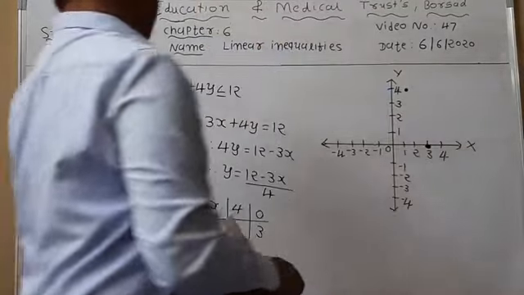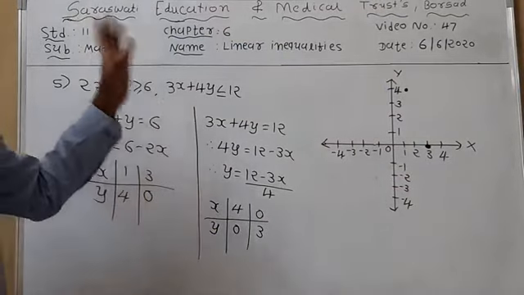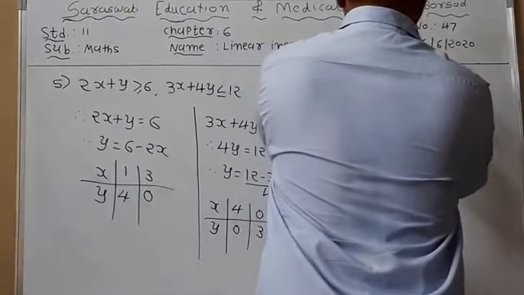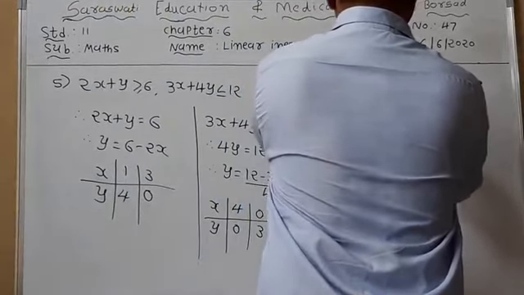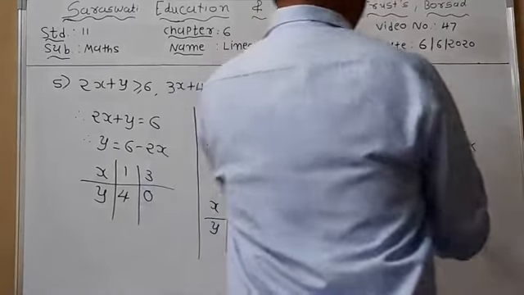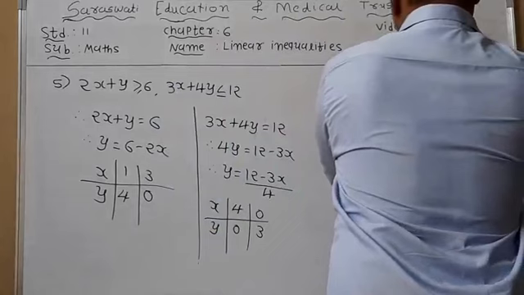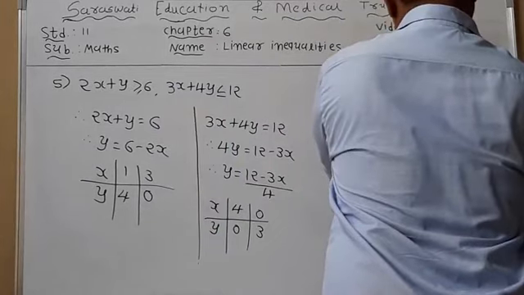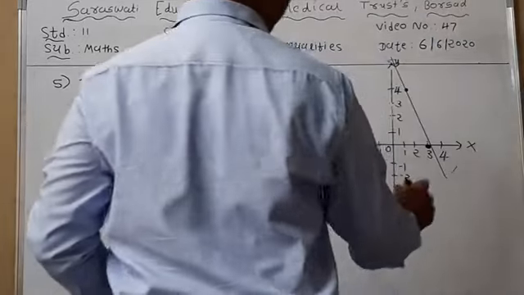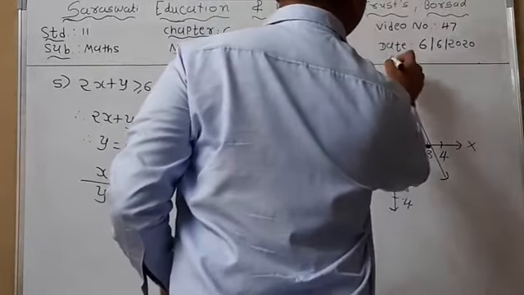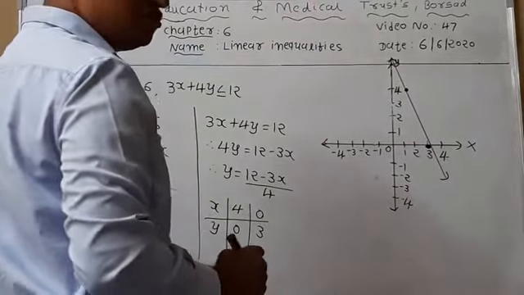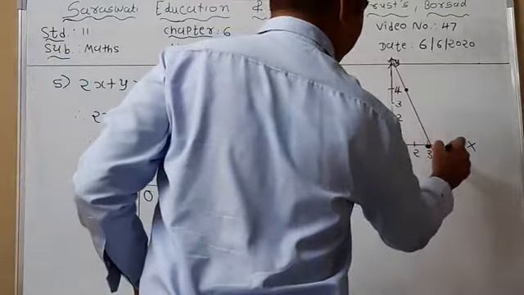Again the greater than or equal to form is present, so draw a dark line after joining both these points. Now the other points are 4, 0 and 0, 3.